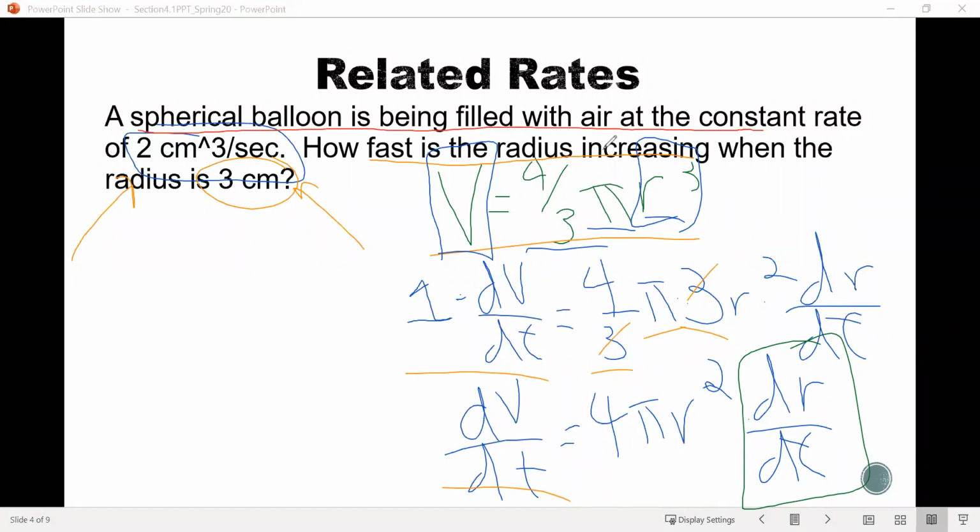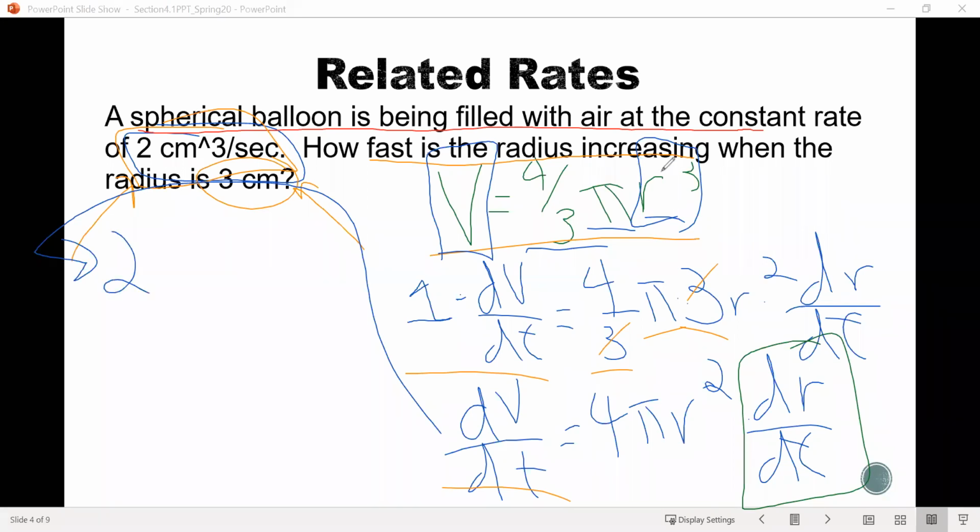Well, what does that mean? dv means a change in the volume over dt, meaning with respect to time. So do we have some information about the change in the volume with respect to time? Oh yeah, right here, right? This 2 cubic centimeters per second is telling us how the volume is changing. So therefore, we can replace that value there.